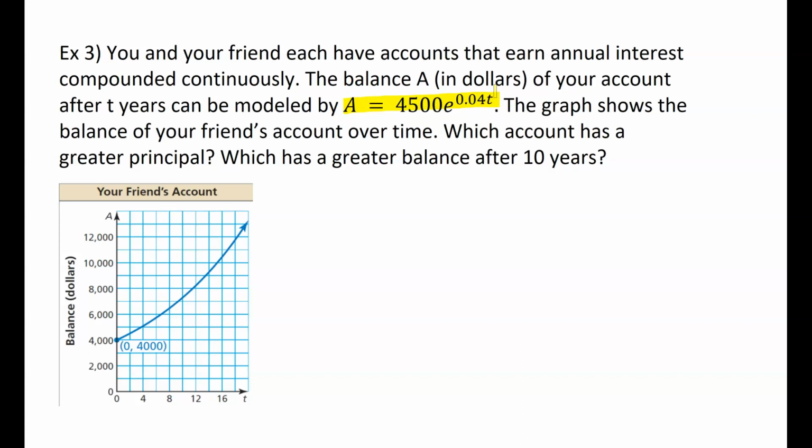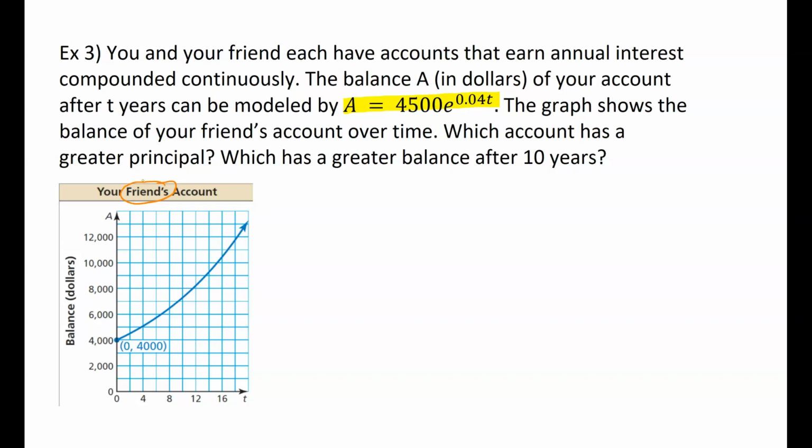The graph shows the balance of your friend's account over time. Okay, so I'm going to put over here that this is our friend. Okay. The first question is, which account has a greater principal?